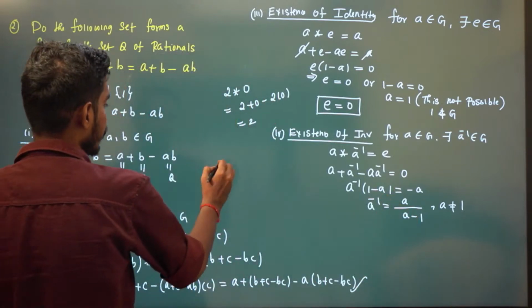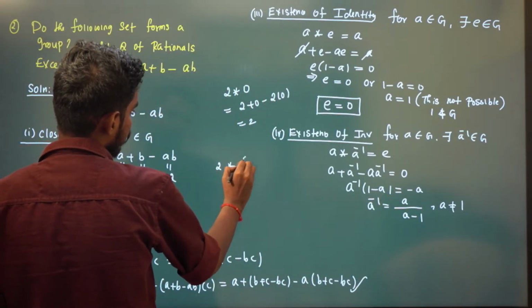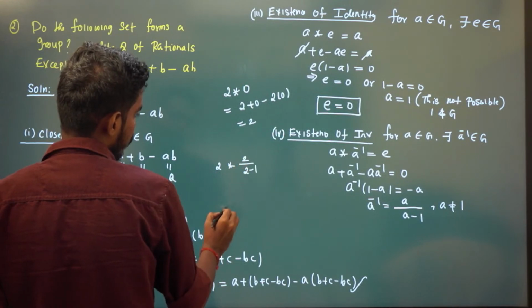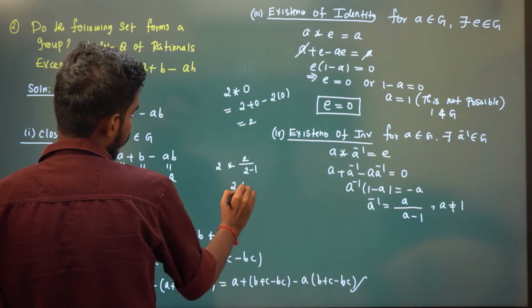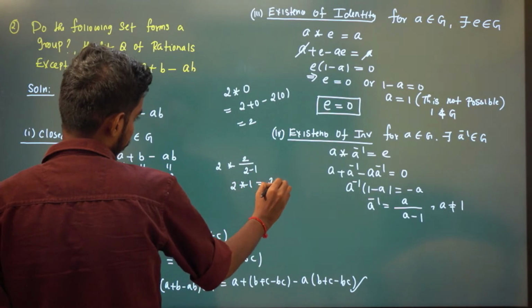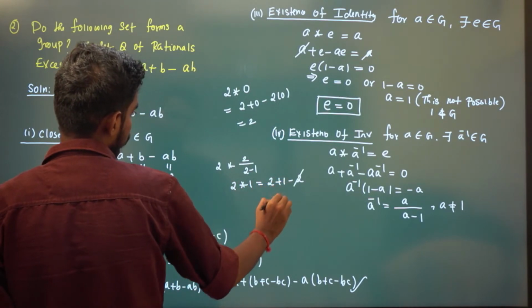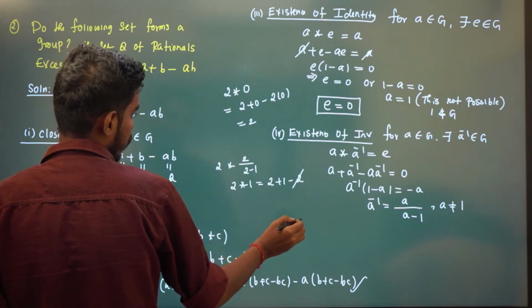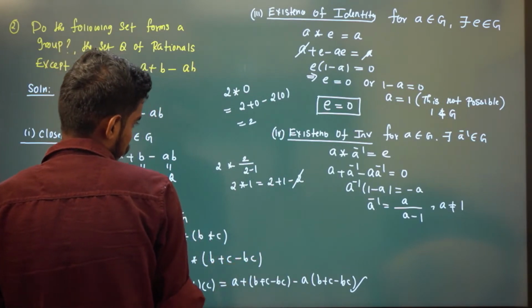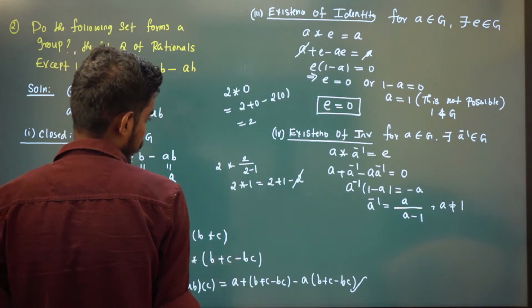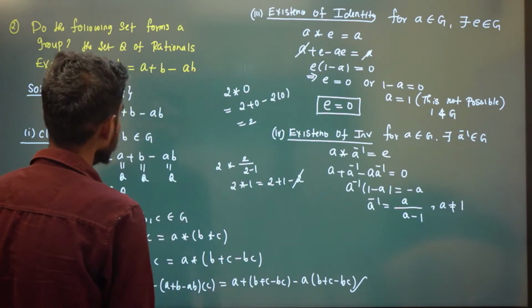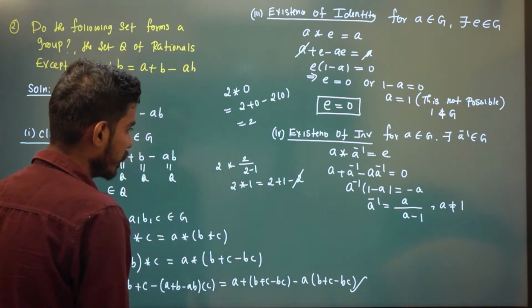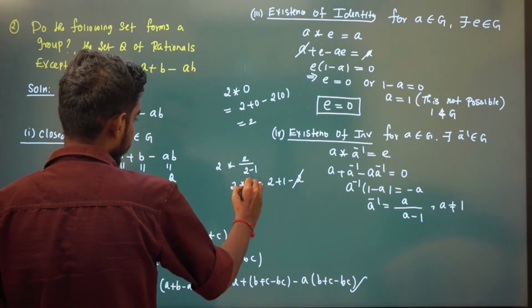For example, if you take 2, what is the inverse? 2 divided by 2 minus 1 is the inverse. Right? That means 2 star 2. A plus B minus AB. 2 divided by 2 minus 1 is 2. Okay, sorry.